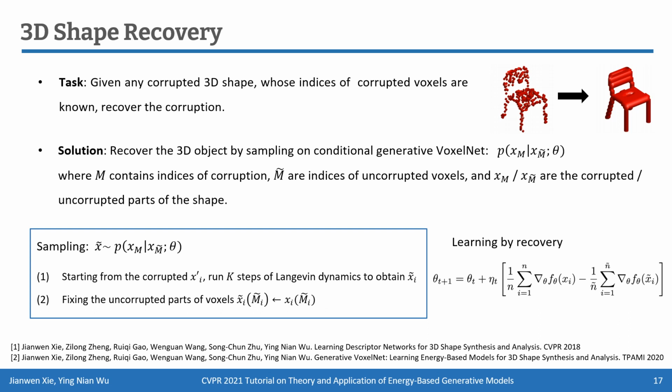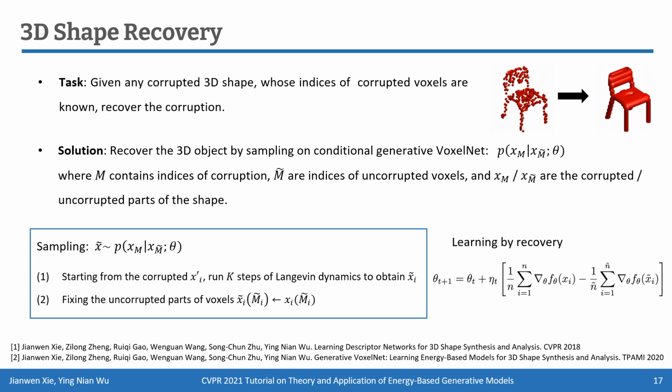Given a data set of 3D shapes, we can easily generate corrupted versions of the dataset by randomly masking some voxels of each 3D shape. Then we learn a distribution of invisible voxels conditioned on visible voxels. Such a conditional distribution can be used for inpainting.